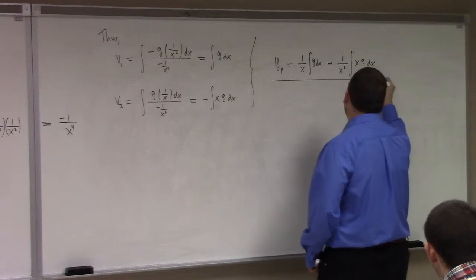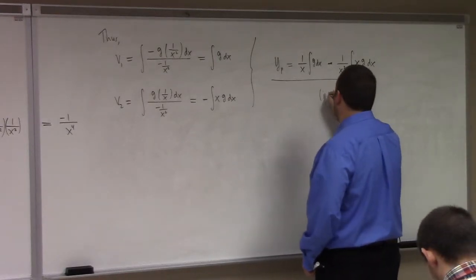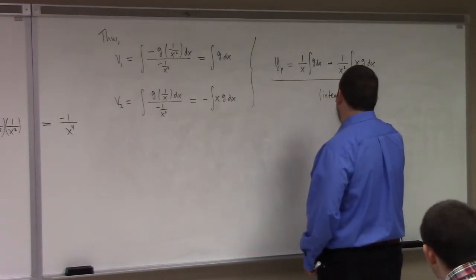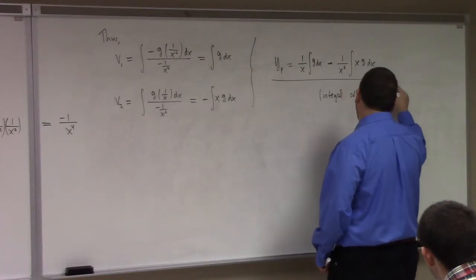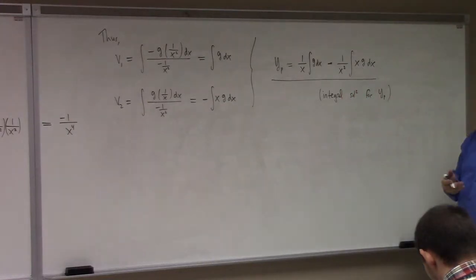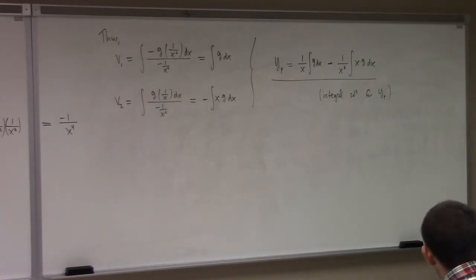And this is an integral solution for the particular solution. If you're given an arbitrary forcing function, this is the best you can do. So if the force is not specified, variation of parameters is the way to go. This allows us to generate an integral solution, which is a solution written up to an integration.